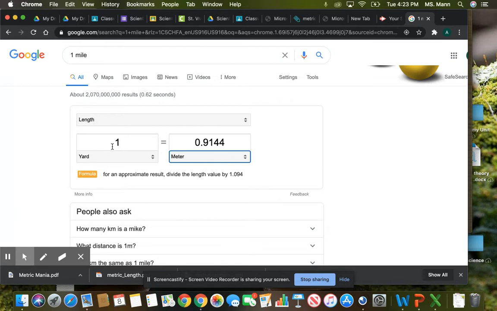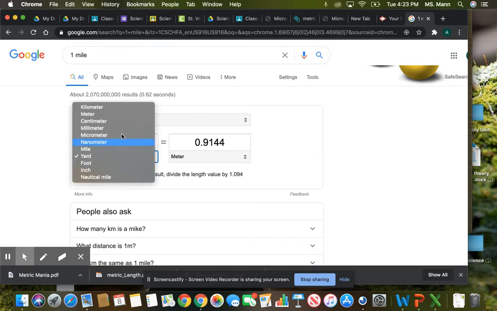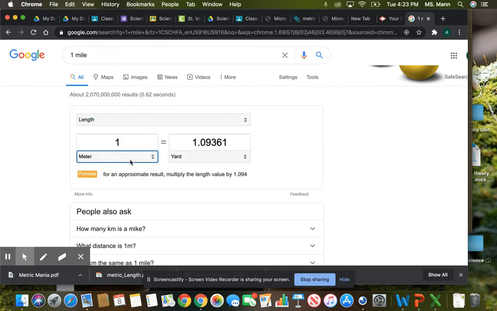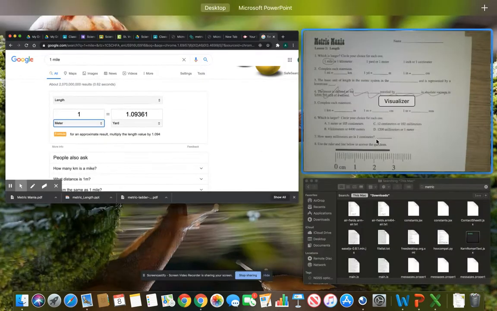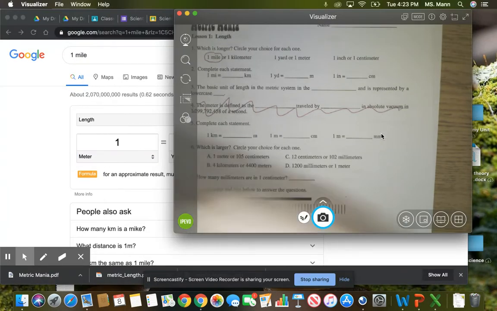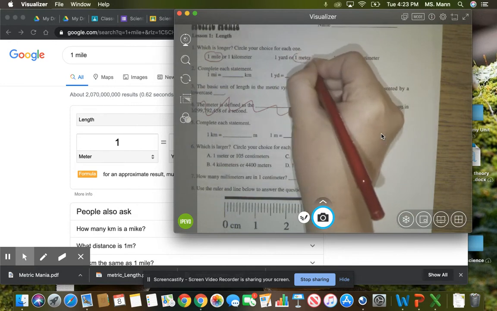So we have 1 yard equals 0.9144 meters. That means a meter is actually longer than a yard. So let's switch it. We have 1 meter and how many yards? 1.09. So more than 1 yard can go into a meter, essentially. So that means a meter is longer. So circle a meter.